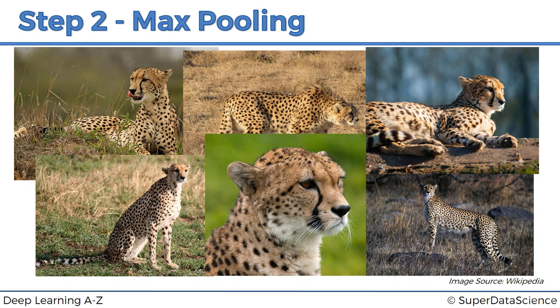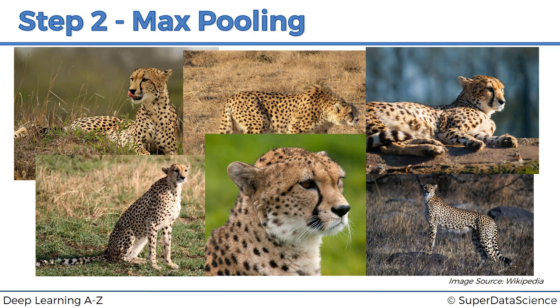Not so much in which part of the image, because we've kind of taken that into consideration with our convolution layer, but it doesn't have to care if the features are a bit tilted, if the features are a bit different in texture, if the features are a bit closer or a bit further apart relative to each other. So if the feature itself is a bit distorted, our neural network has to have some level of flexibility to be able to still find that feature. And that is what pooling is all about.